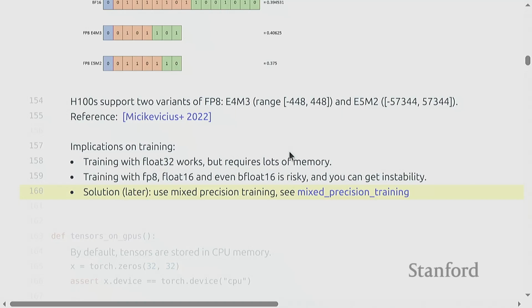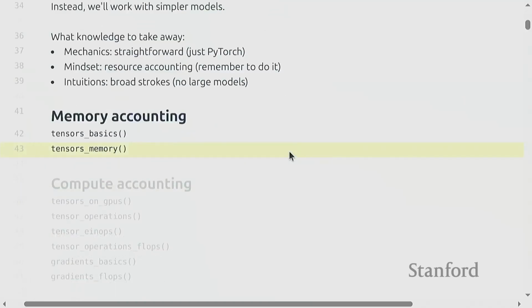Okay, pause a bit for questions. So we talked about tensors, and depending on the representation, how much storage they take. Can you clarify about mixed precision, like when you would use float32 versus BF16? Yeah, so the question is when would you use float32 or BF16?